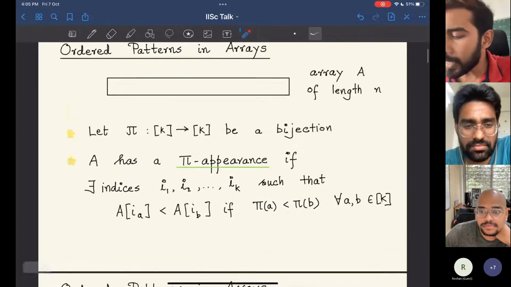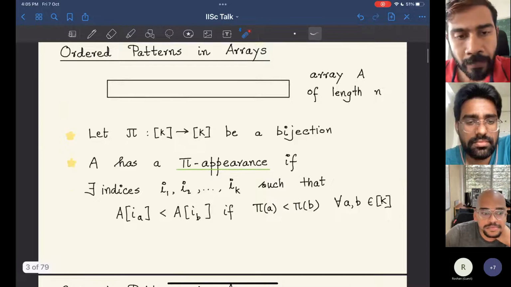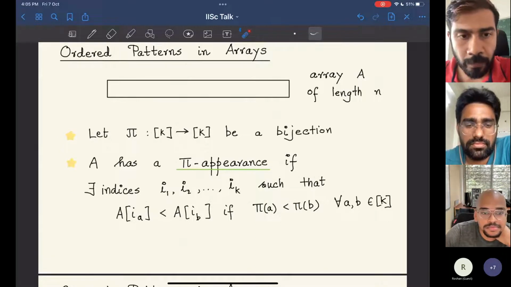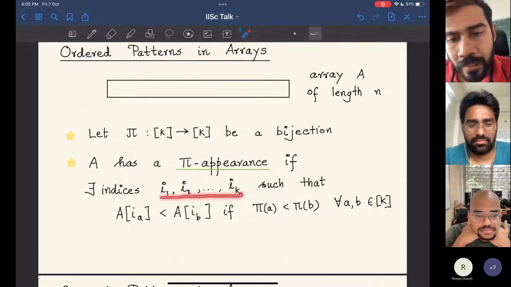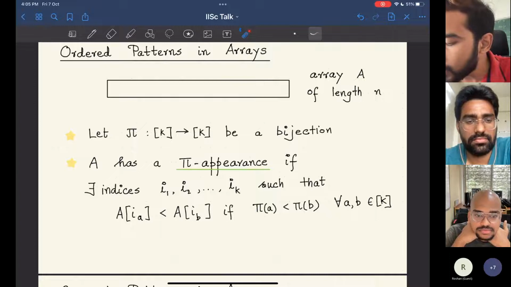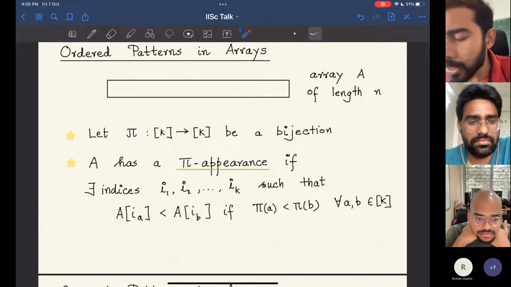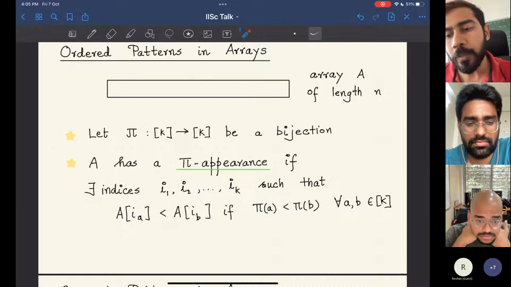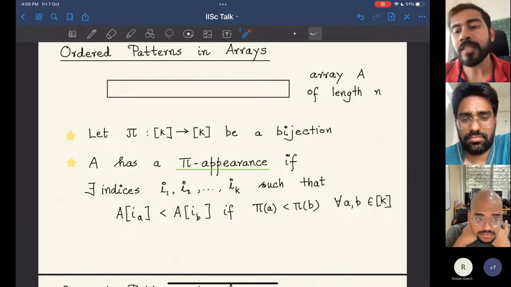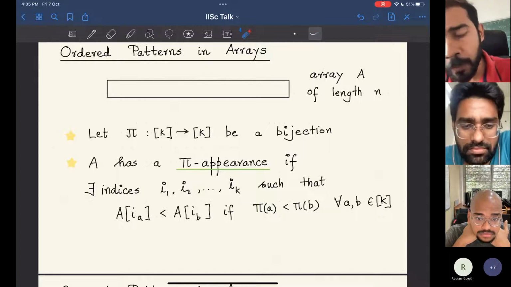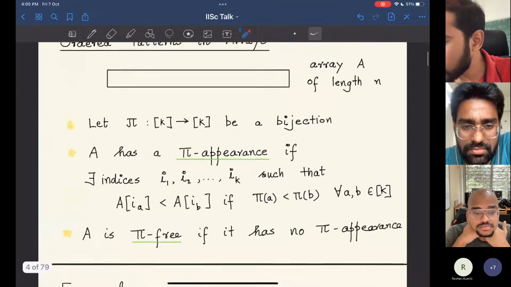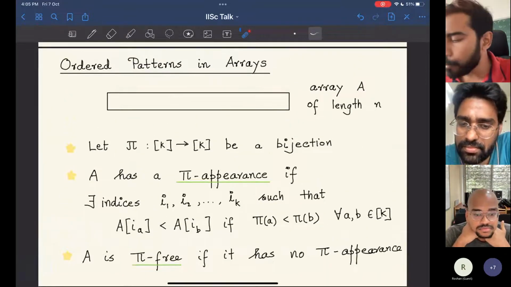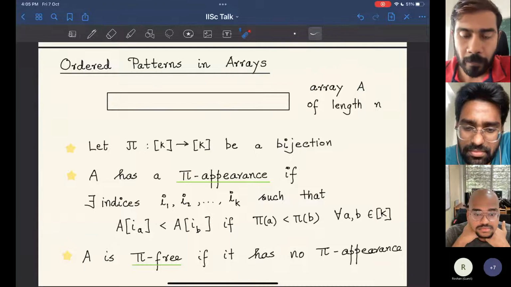Now I say that this array has a pi appearance if there are k array indices such that these array values and these indices respect the ordering according to the permutation. I'll make this clear with examples. And the array A is pi free if it has no pi appearance.